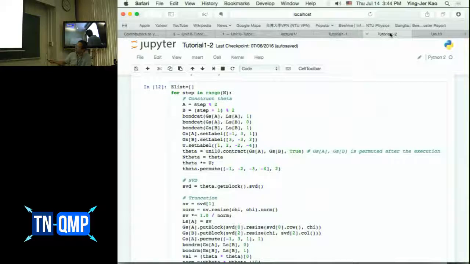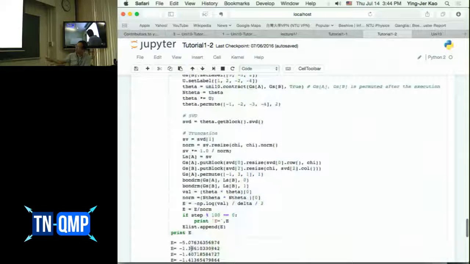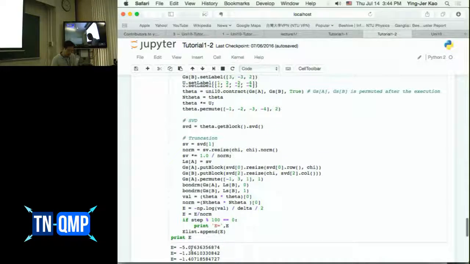Okay, and we're going to permute. After we get this, we permute it into some label, and then we do SVD, and then after SVD, we do truncation. Okay, so this part is just a truncation, and then keep going.